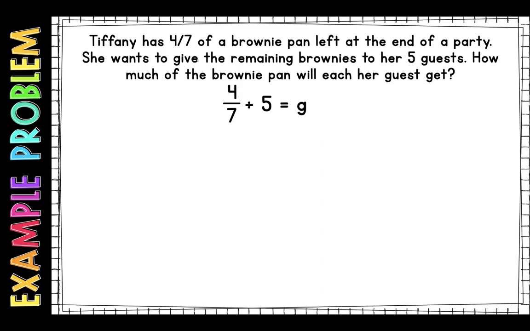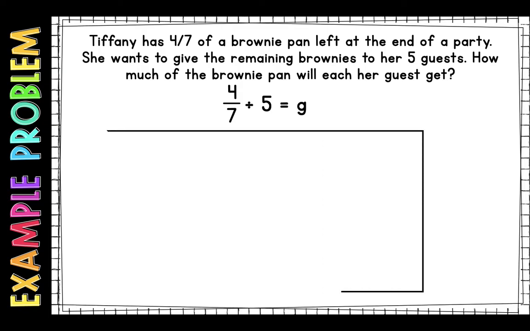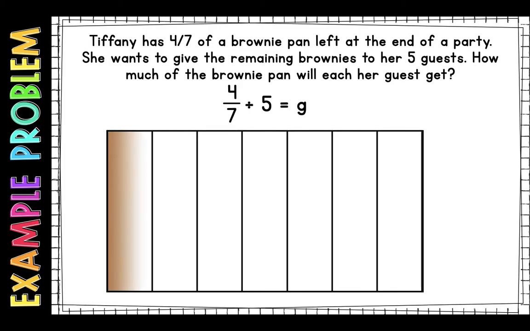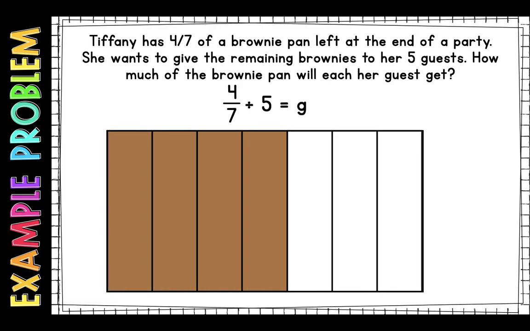Now I'm going to use a model to solve. So first, I'm going to model 4/7 by splitting a whole into 7 parts and then shading in 4. Now, you can imagine this is the 4/7 of the brownie pan that's left, and Tiffany wants to split it among her 5 friends. So I'm going to divide the 4/7 that I have into fifths horizontally.